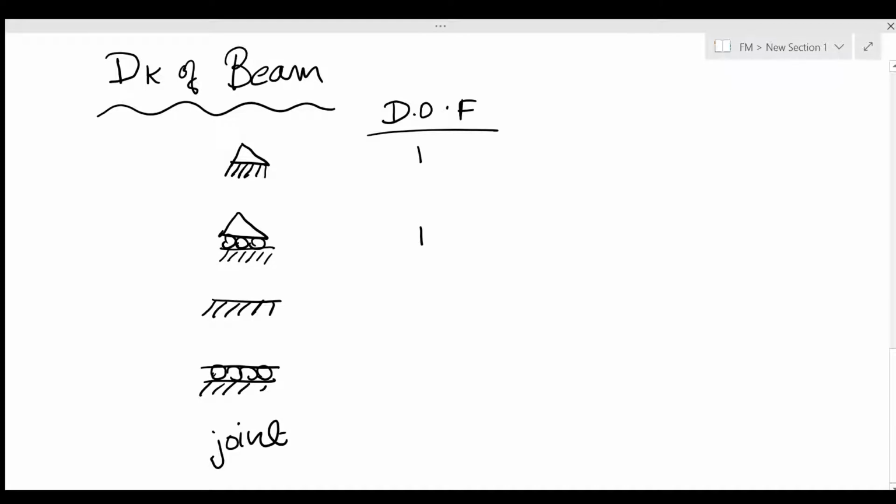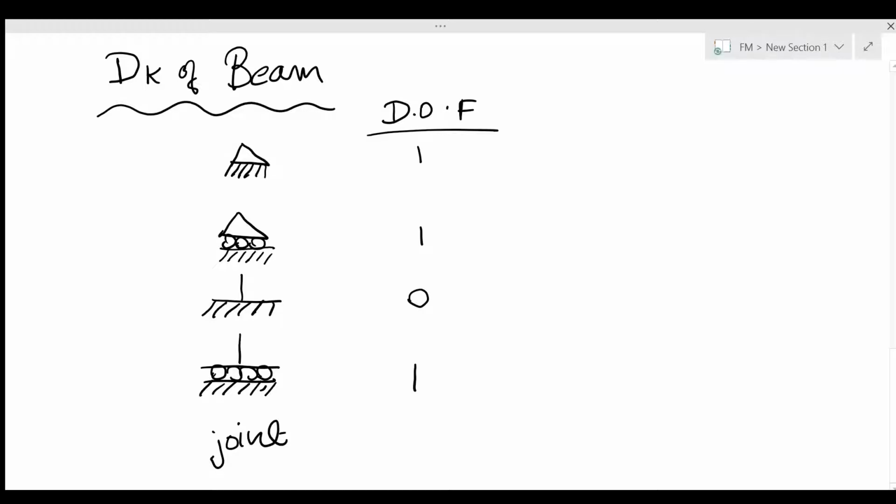For the fixed support, since it is fixed, there is no freedom. That support won't move in any translation or rotation or vertical motion. So the degree of freedom of the fixed support is 0. Now coming to the sliding support, it can move only in one direction. So the degree of freedom of the sliding support is 1.